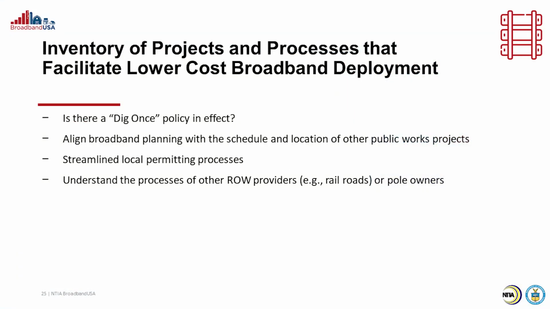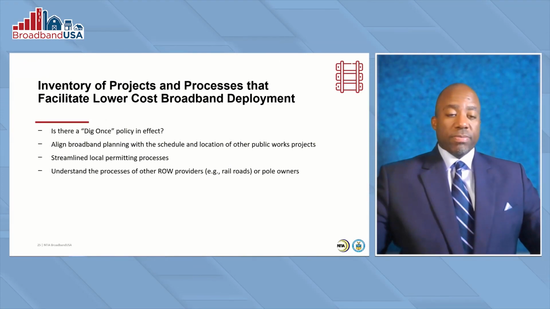Next, we're going to look at those projects and processes that facilitate lower cost broadband deployment. Number one, is there a dig once policy in effect? That means if there's a large, generally a transportation project in effect, can you utilize those open trenches, if you will, to deploy fiber optic conduit? To deploy some other technology, while that construction is going on.